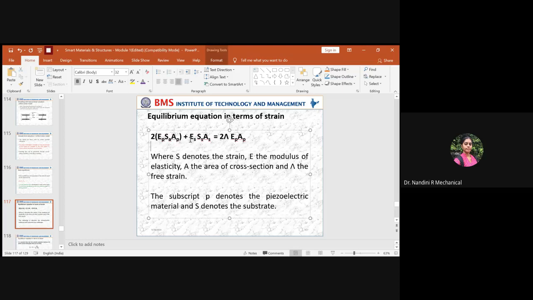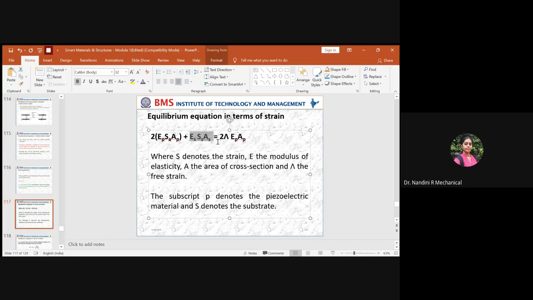Then we come to the substrate or the structure. So this will be the modulus of elasticity for the substrate and this will be the strain which has been developed across the substrate and this is the area of the substrate or area of the rod or area of the structure. Right? So this will be the combination for the actuator plus the structure.